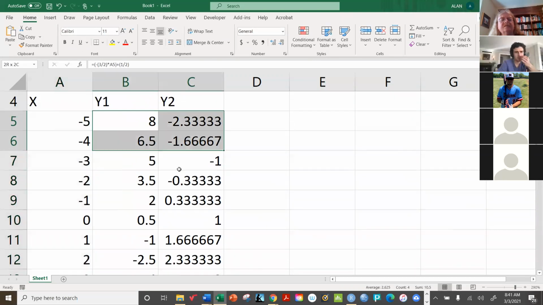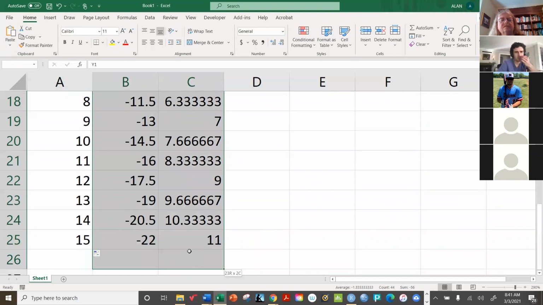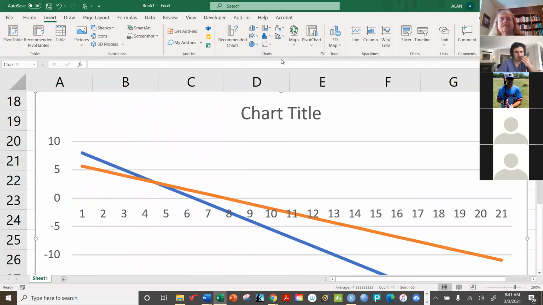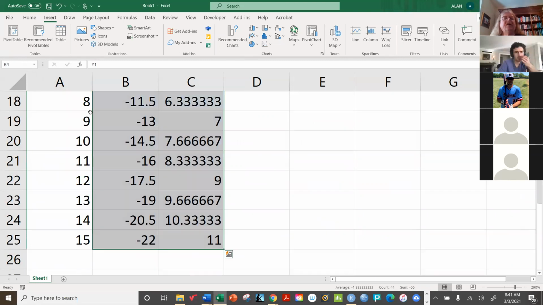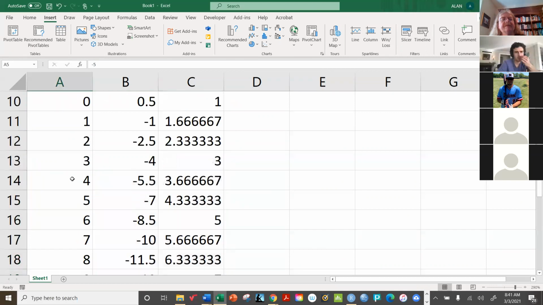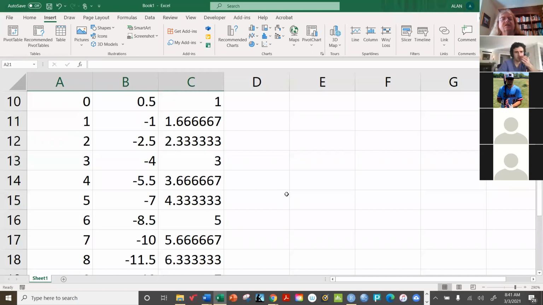Let's try it again. Well, it's trying. Let me try it one more time. It's really crude, but I think if I adjust these numbers properly, let's just get rid of these. That should do it.